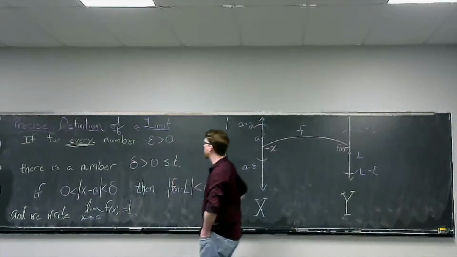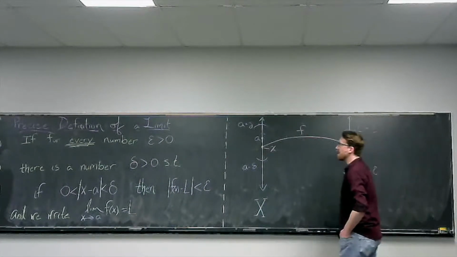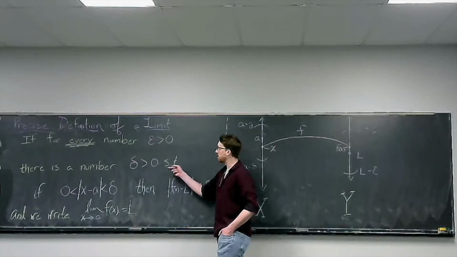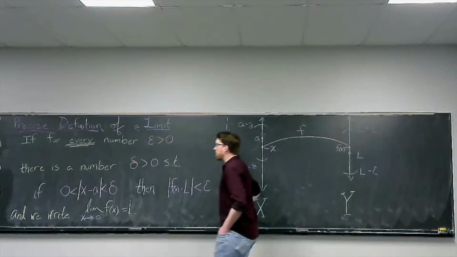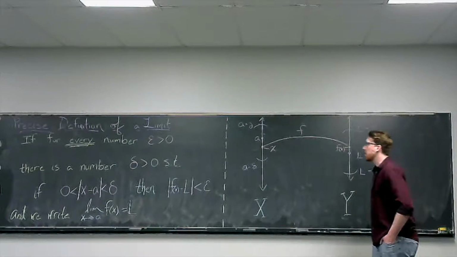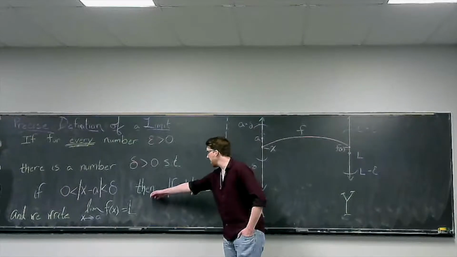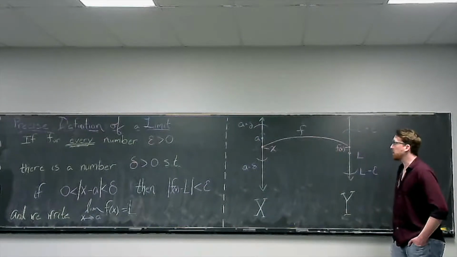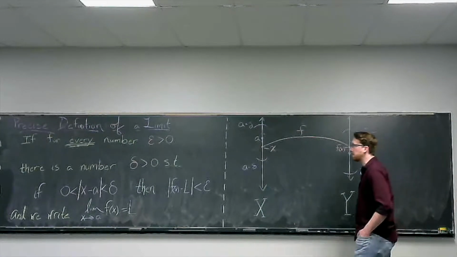If for every number epsilon greater than 0, there is a number delta greater than 0 such that, that's what this S.T. means, such that if the absolute value of the difference between x and a is less than delta and greater than 0, then the absolute value of the difference between f of x and L is less than epsilon.